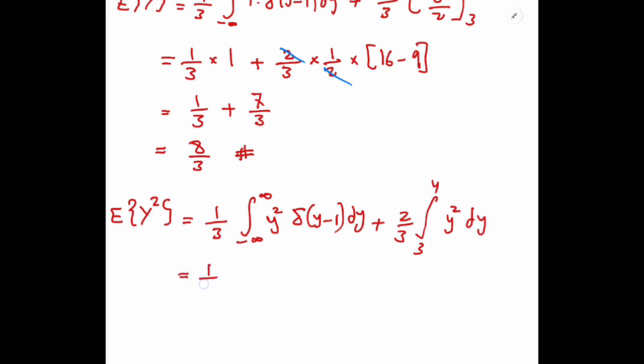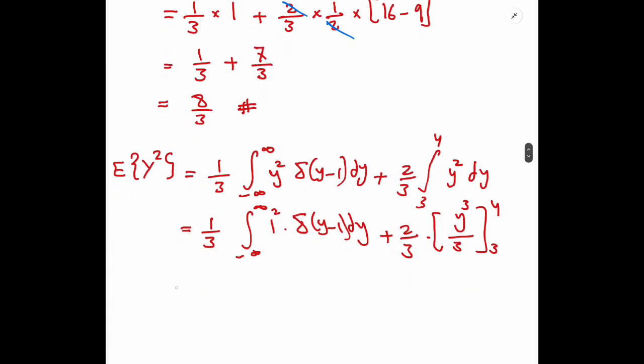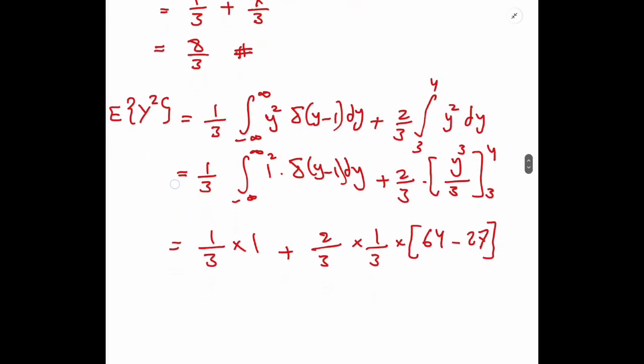So here the answer will be reduced to the integral from minus infinity to infinity, again, of 1 squared times delta y minus 1 dy plus 2/3 times y cubed over 3 from 3 to 4. So that will be equal to 1/3 times 1 plus 2 over 3 times 1 over 3 times 4 cubed, which is 64, minus 3 cubed, which is 27.